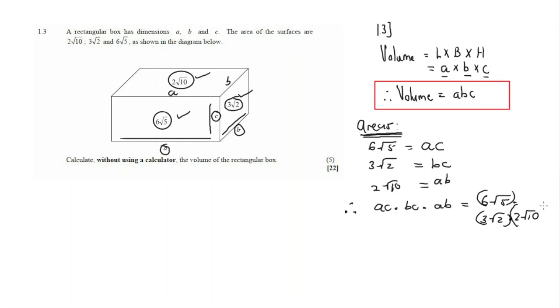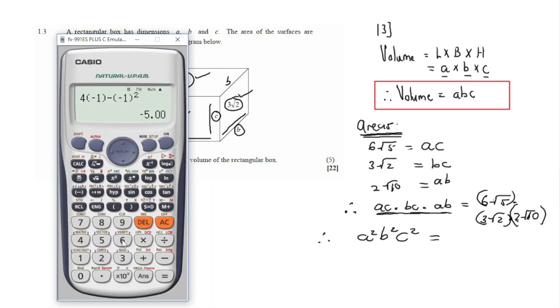So then let's multiply the areas on the left hand side: A multiplied by A is A squared, B multiplied by B is B squared, C multiplied by C is C squared, equal to, if I multiply out these values, I know I'm not using a calculator.